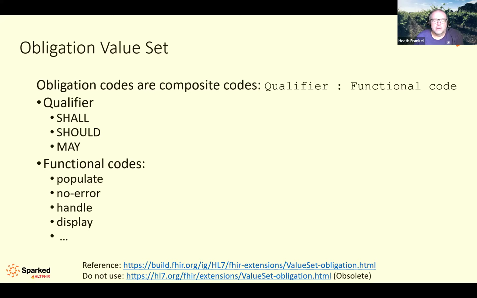So do not go to the actual base FHIR extension, because that's currently obsolete and being reworked. The terms that I'm presenting today are based on that first reference, which is in the current build continuous integration branch of the FHIR extensions value set.